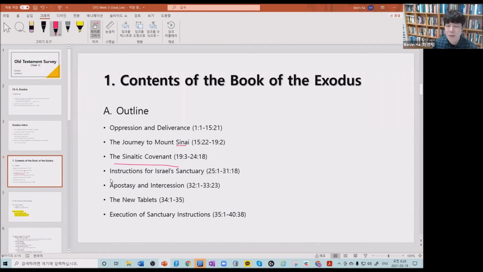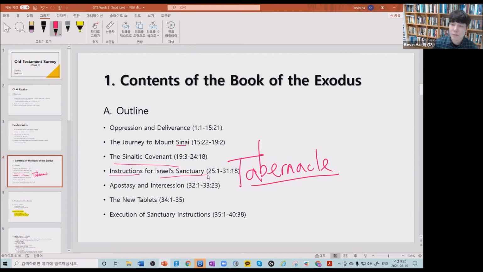And then God gave them instructions for the sanctuary. What is Israel's sanctuary in one word? Starts with T. Yeah, tabernacle. So God gave them instructions to build a tabernacle, and then they made a tabernacle here.